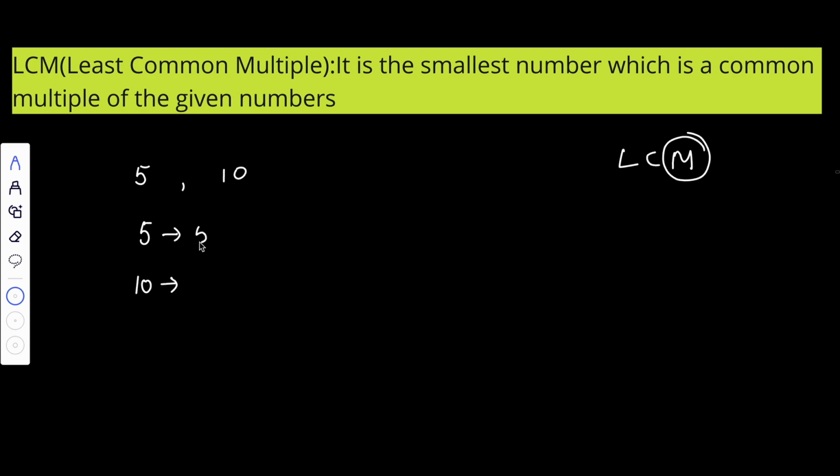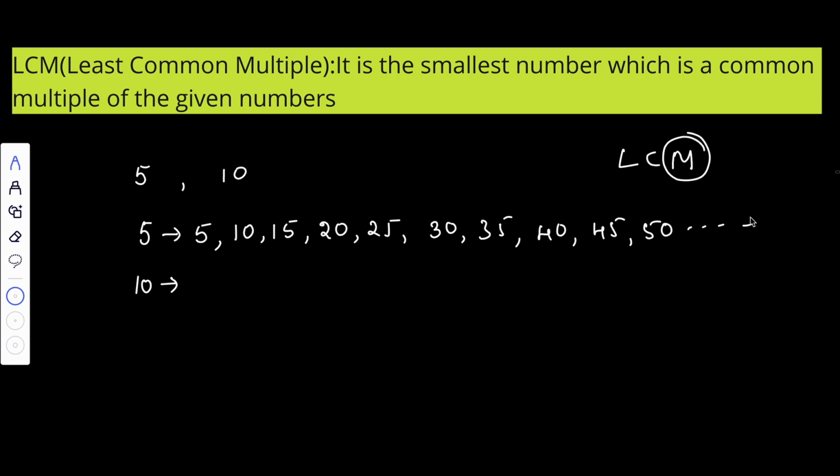We'll write the multiples of 5: 5, 10, 15, 20, 25, 30, 35, 40, 45, 50. It goes till infinity.